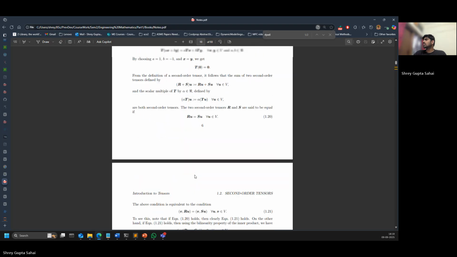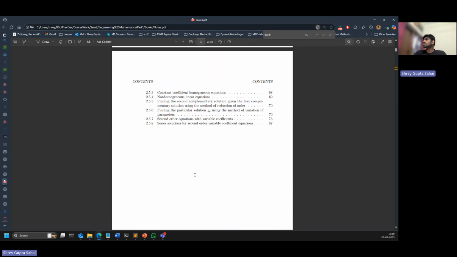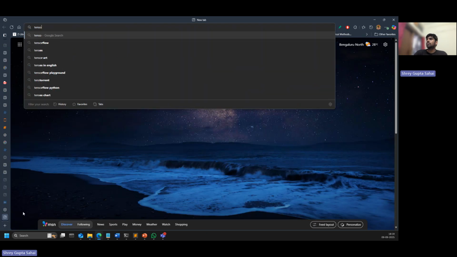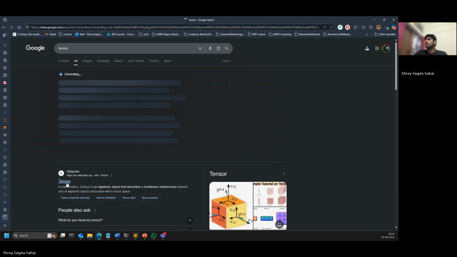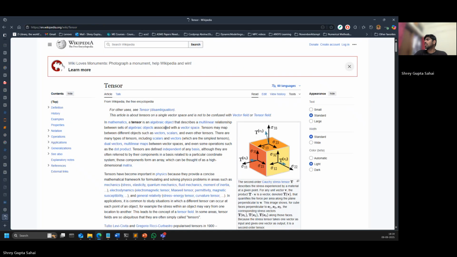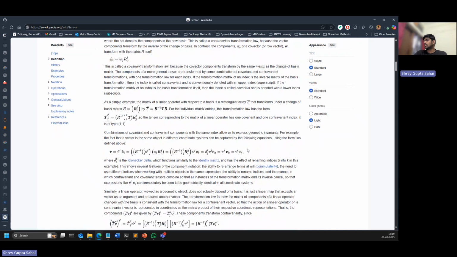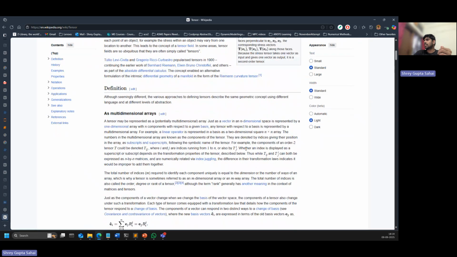Are there famous tensors also? Let me search some famous tensors to give you a feel. Famous ones are the stress and strain tensor, the stiffness tensor, I assume.